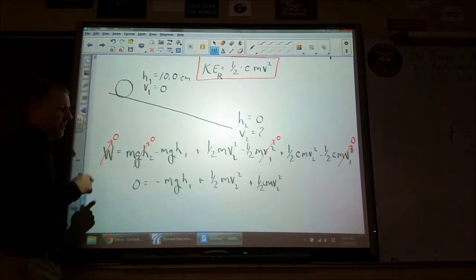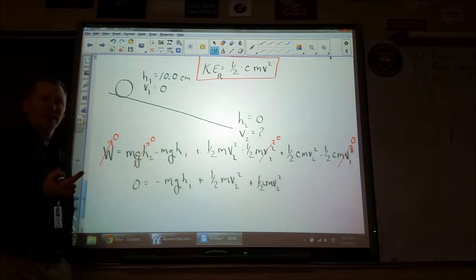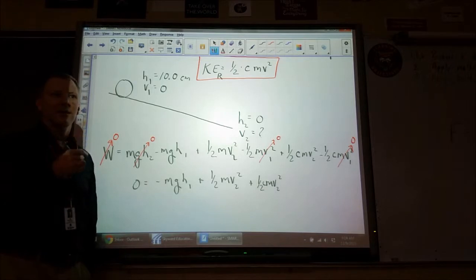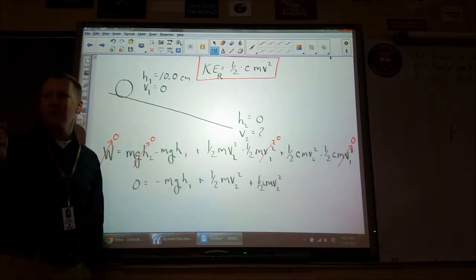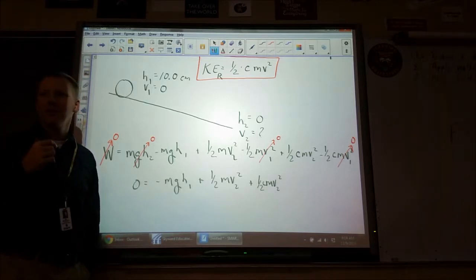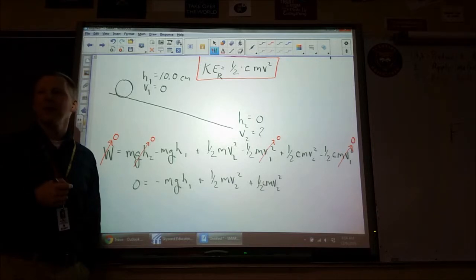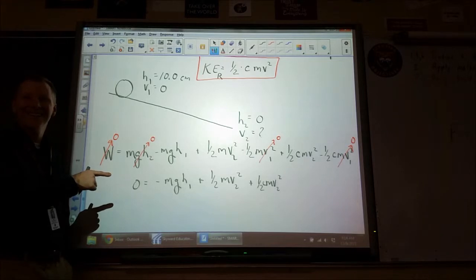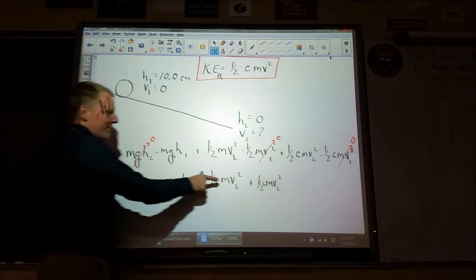One thing that can make it a lot simpler, does anyone remember the mass of the ring or the disc? The ring was 0.654. Did anyone measure the disc? 0.654. Same thing, but you know what? I don't even care. Because there's an m in this term, and this term.